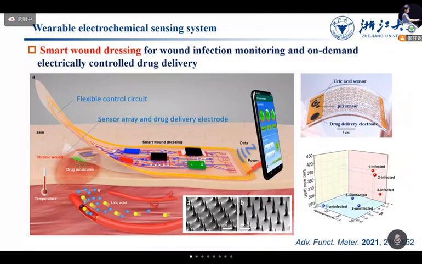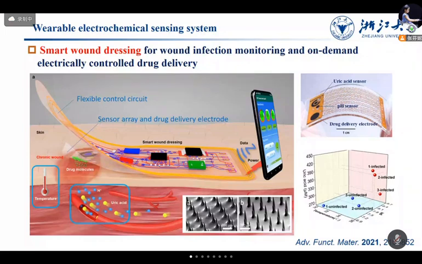Also, apart from the monitoring, we are also trying to close this loop from monitoring to post-treatment. So what we did is we developed a smart dressing. With this dressing, we can monitor the vitals, such as the temperature, pH, and also the uric acid. We are trying to describe the infection status.